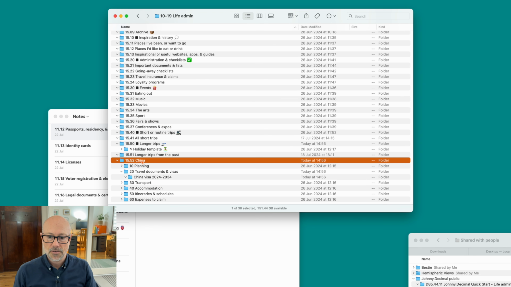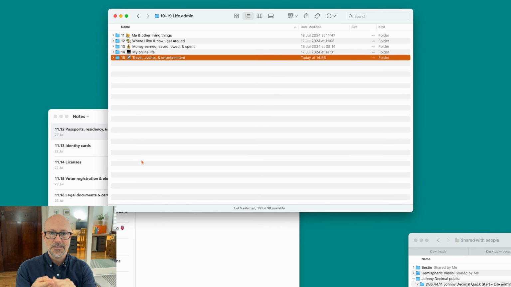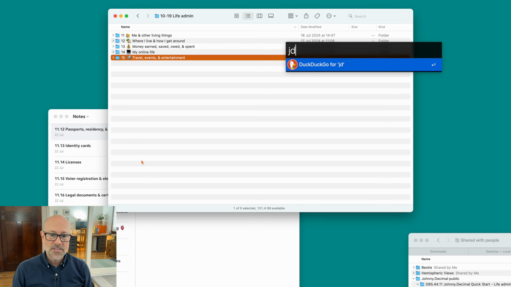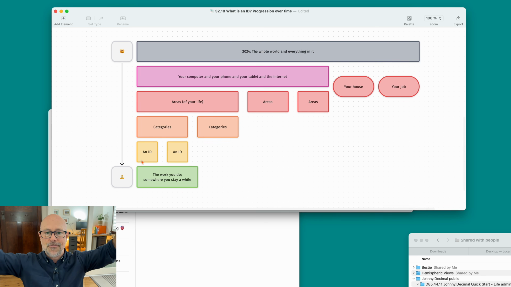This folder, we've gone from total chaos to life admin, one step, to travel, events and entertainment, and you know you're in the right place. The whole rest of the world of chaos, everything else is gone.